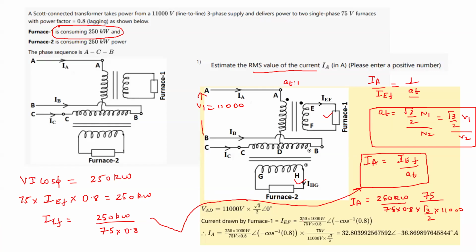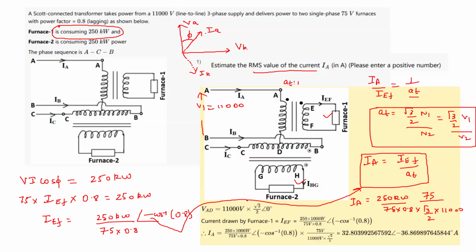But if you also want to calculate the phase angle, because they have mentioned that this is a lagging power factor, we can write it as minus cos inverse 0.8. So it is like this: you have VA here, you have VB here, this is the IA which is lagging, this is the IB which is lagging, and this is phi.